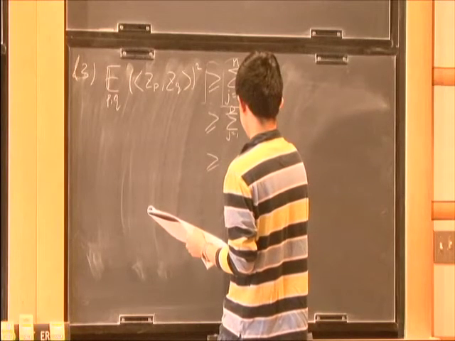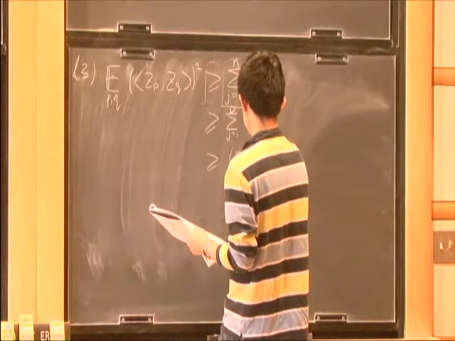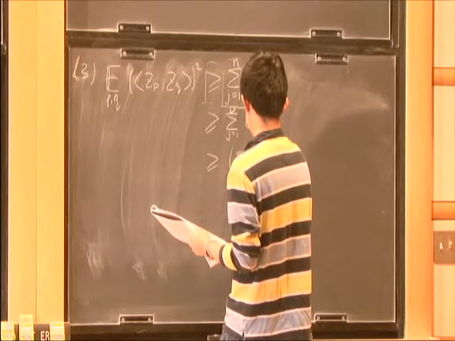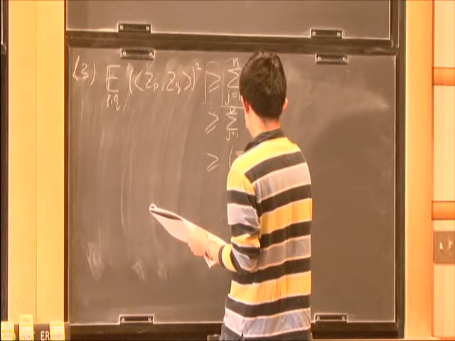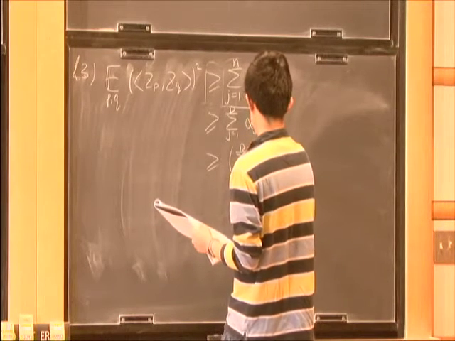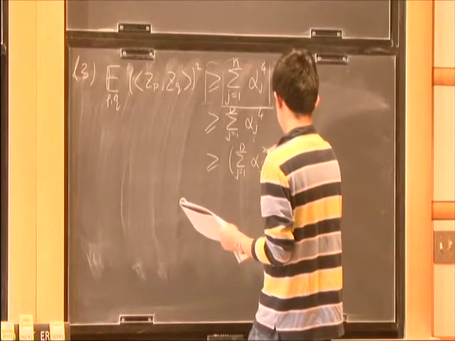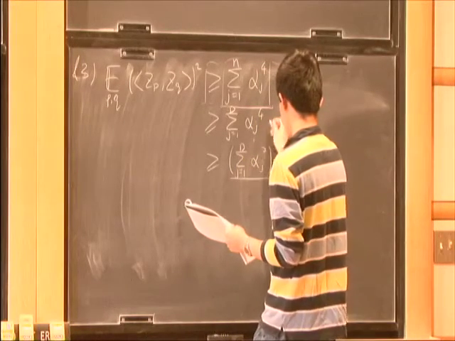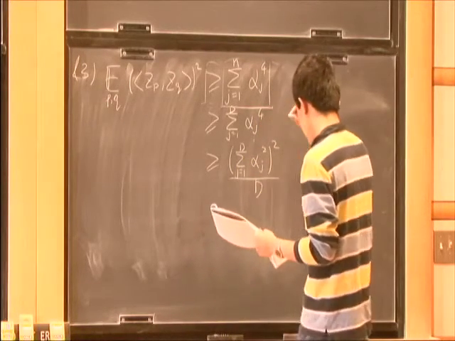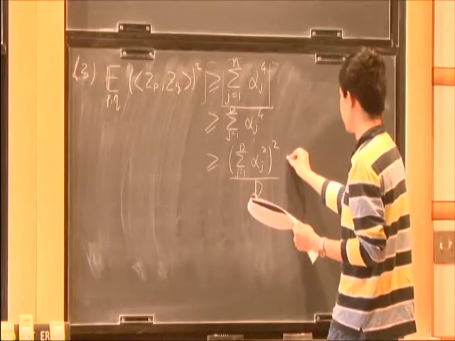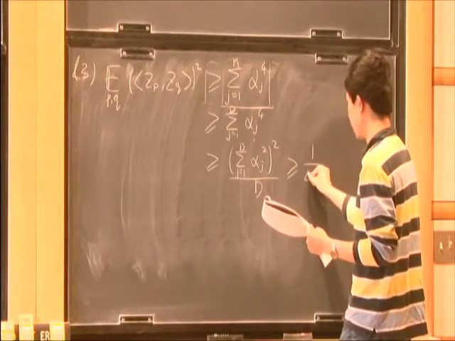So this is larger than the sum of j from 1 to d of alpha j squared over d, I guess, which is larger than 1 over 4d.